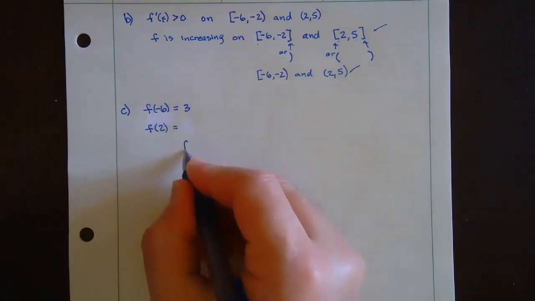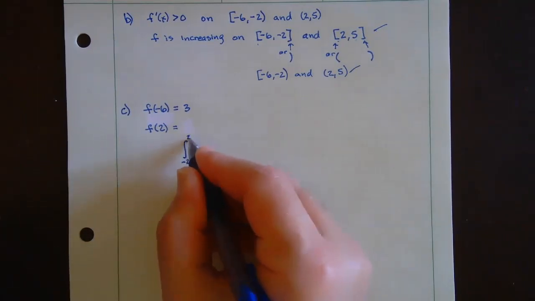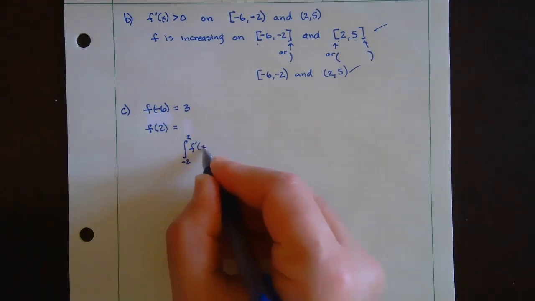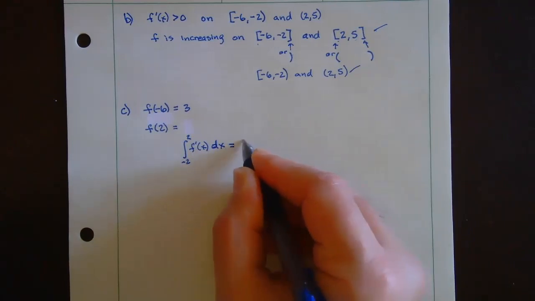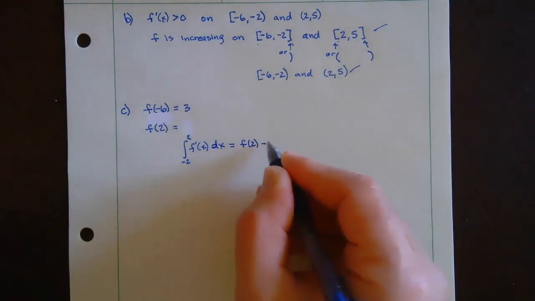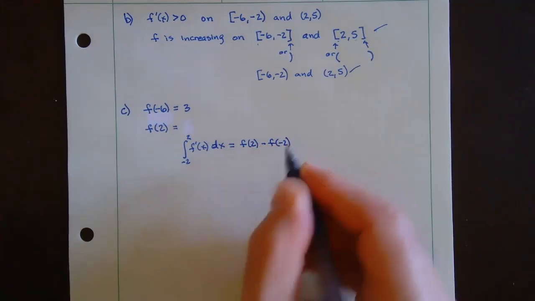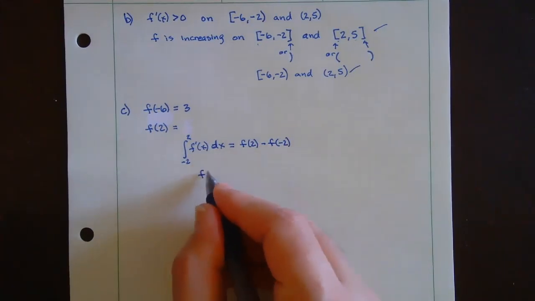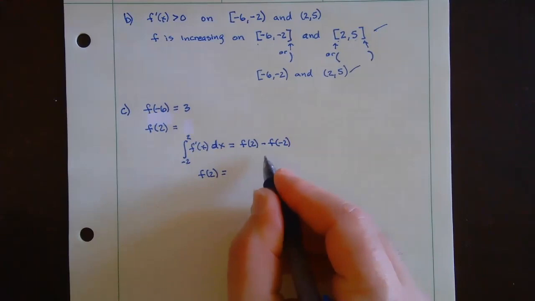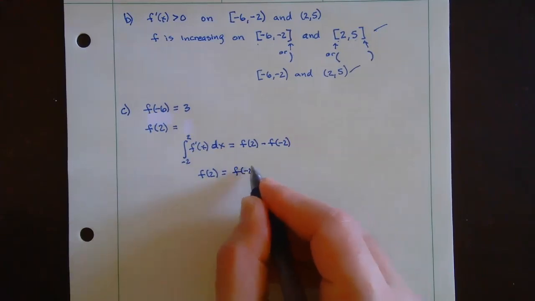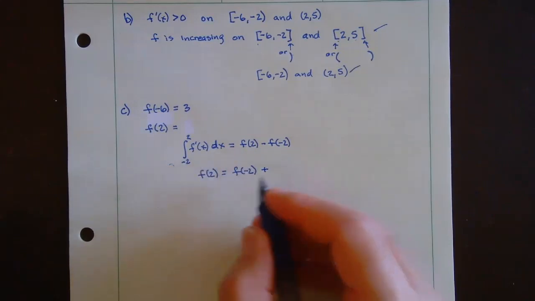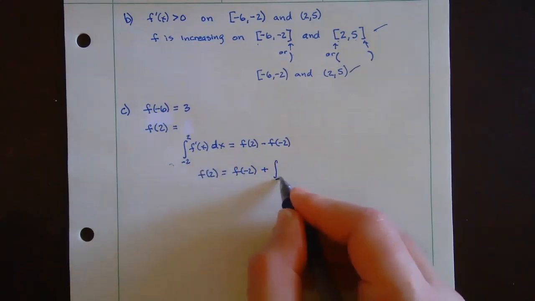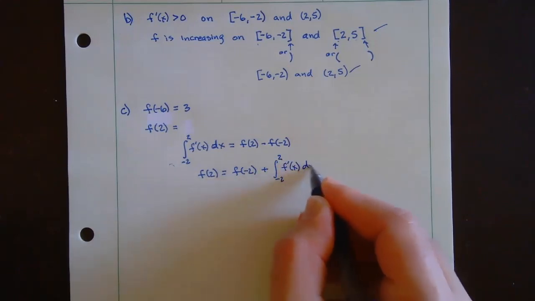We're going to do the integral from -2 to 2 of f prime of x dx, and that's going to equal f of 2 minus f of -2. So f of 2 is going to have to equal f of -2 plus, I'm just moving this over and writing f of 2 on the left-hand side, the integral from -2 to 2 of f prime of x dx.